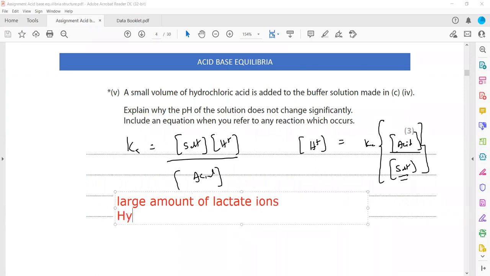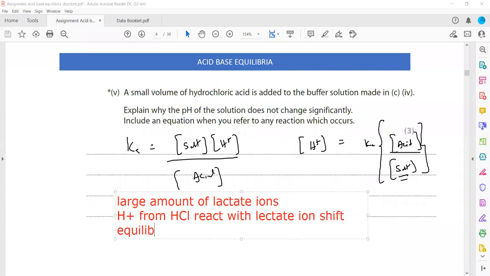The hydrogen ion, H plus, or proton basically, because instead of hydrogen ion you can say proton, from HCl reacts with lactate ion and shifts the equilibrium towards the left hand side.